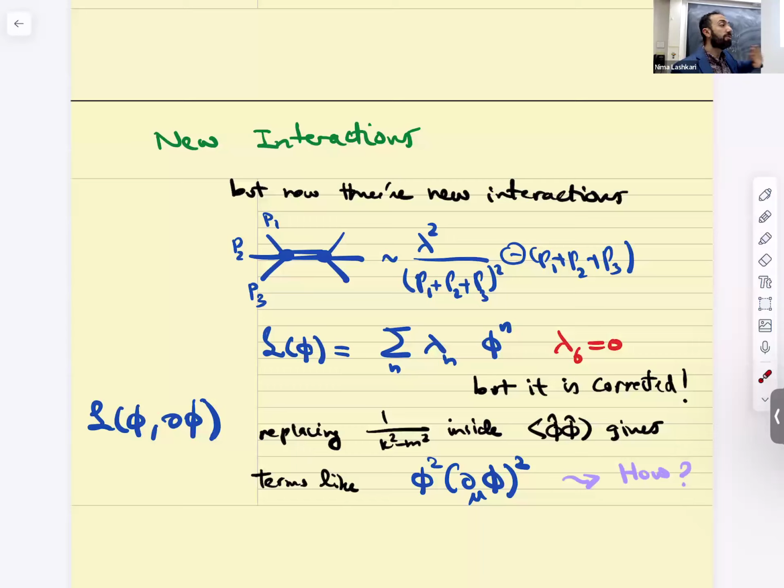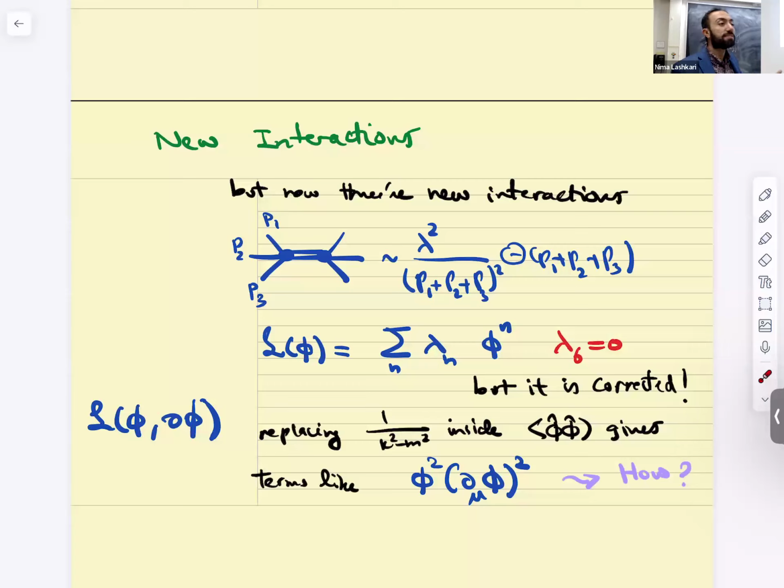Fundamentally, from the point of view of a low energy observer, anything that preserves Lorentz invariance goes. Now, of course, higher derivative terms are more suppressed. Why? In the infrared, there are powers of k, right? k is dimensionful.